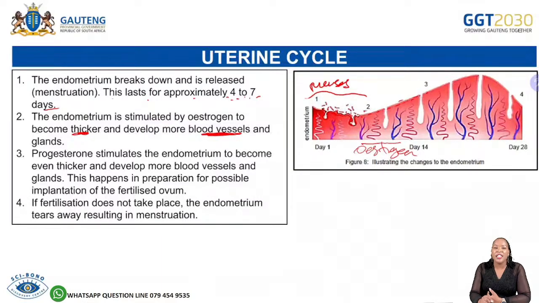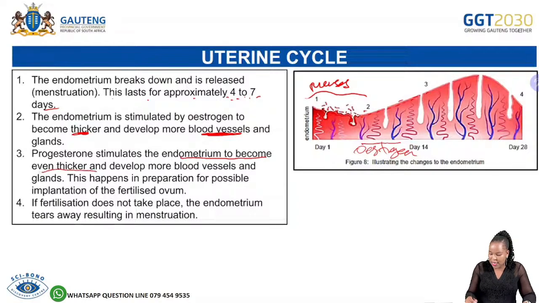Then progesterone. In that uterine cycle, as it starts being released by the corpus luteum, it is going to have an effect on the endometrium. It's going to make the endometrium become even thicker. Remember, it maintains the thickness.